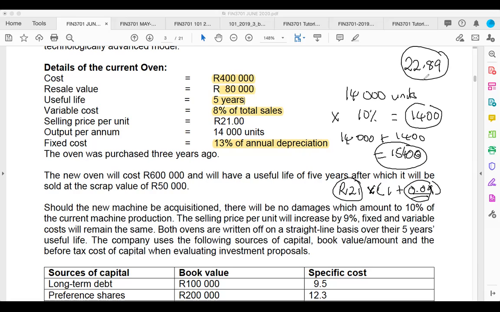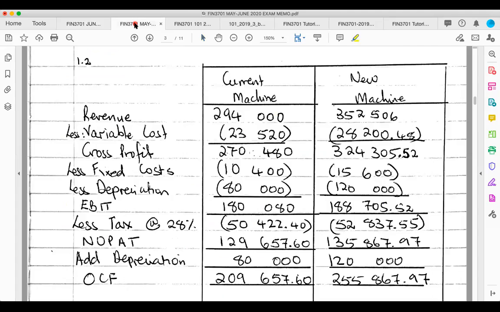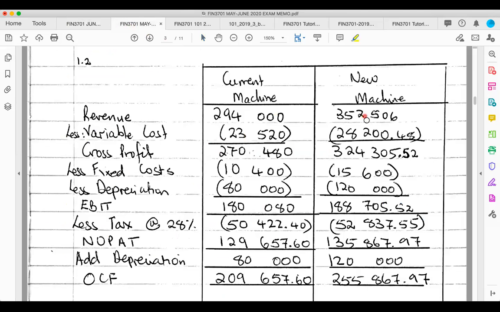Then we multiply 22.89 times 15,400, the units in sales times the selling price, and we get 352,506. So that's where this 352,506 came from. And then the variable cost will just be 8% of that amount. 8% of 352,506 is 28,200.48.